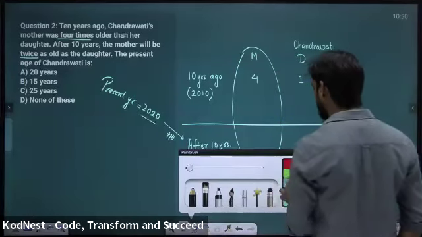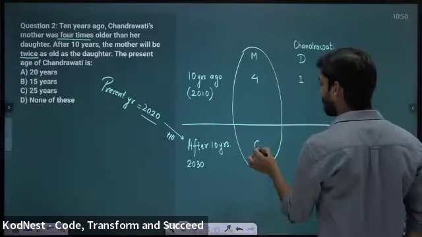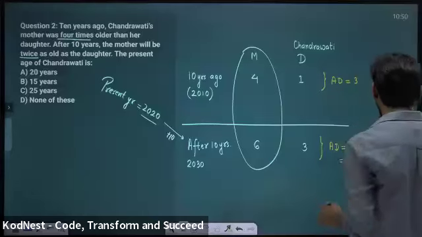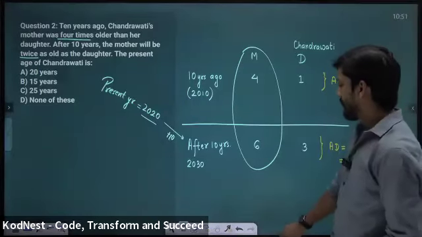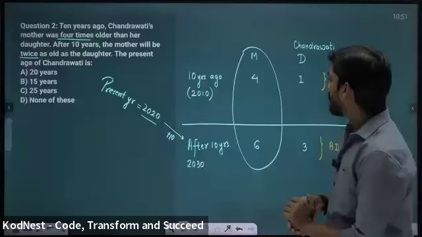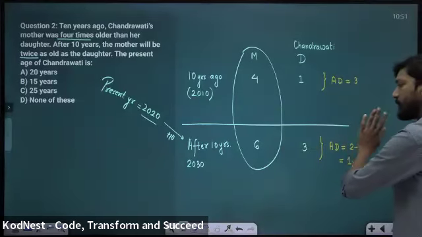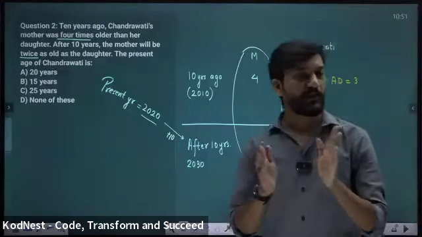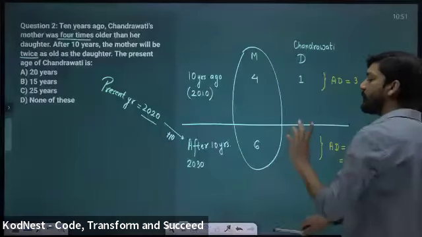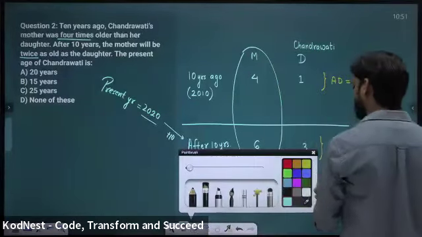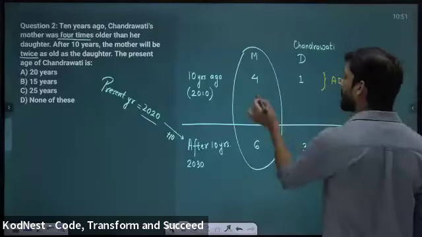I'm writing 6 and 3. All right. So now we have made the age difference the same. After that, I will take a variable. So I'm taking the variable x.